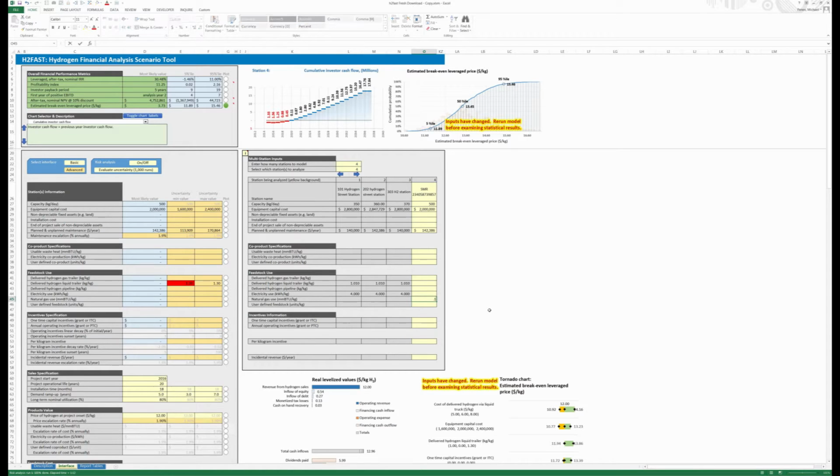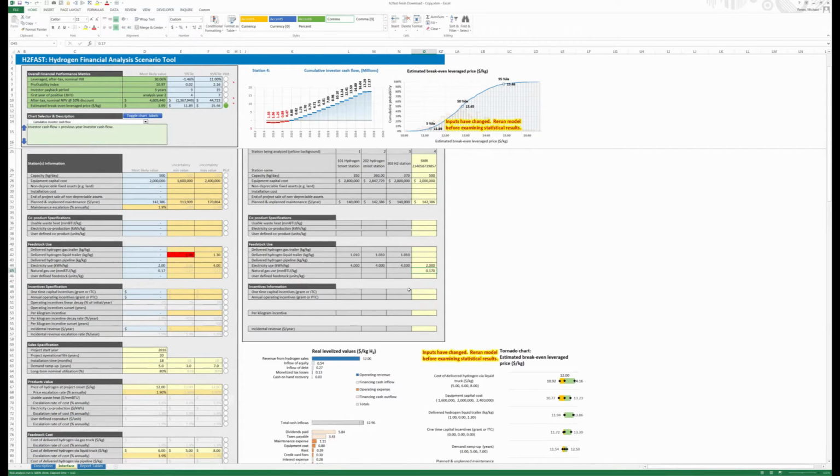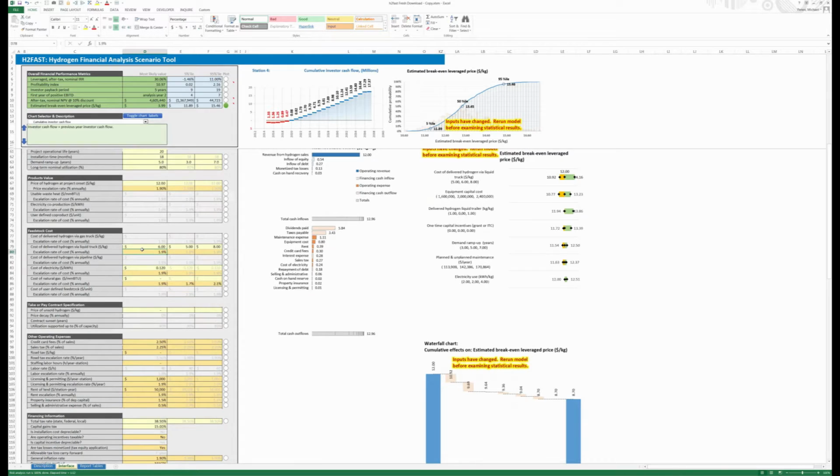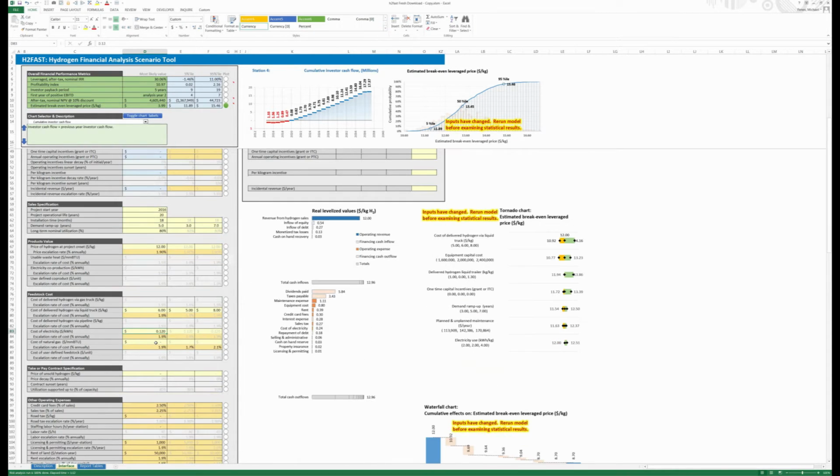It uses natural gas, 0.17 MMBTUs per kilogram, and let's say that it uses 2 kilowatt hours per kilogram of electricity. Now, when you specify that, the model will prompt you that now you need to specify costs for natural gas as well.